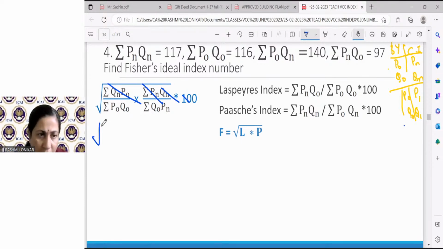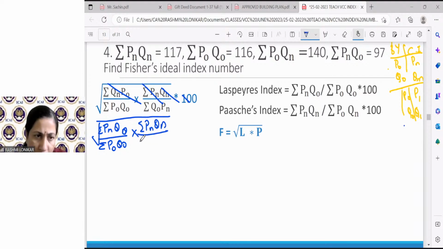Okay, so I will get this as the square root of summation Pn Q0 upon summation P0 Q0, that is Laspeyres, into summation Pn Qn upon summation P0 Qn.